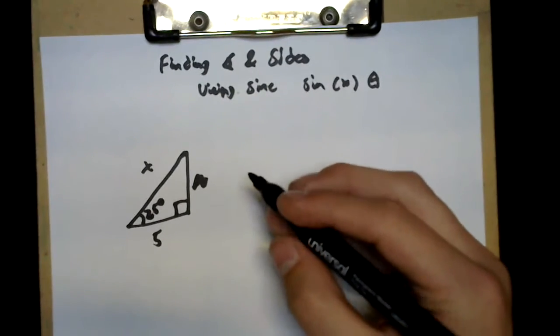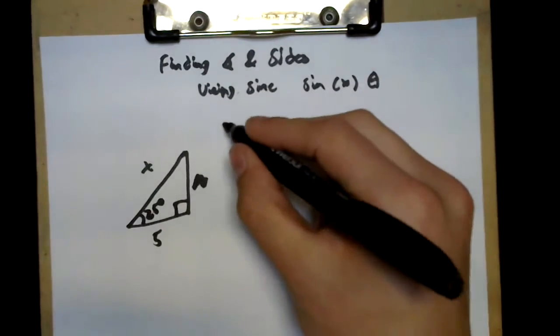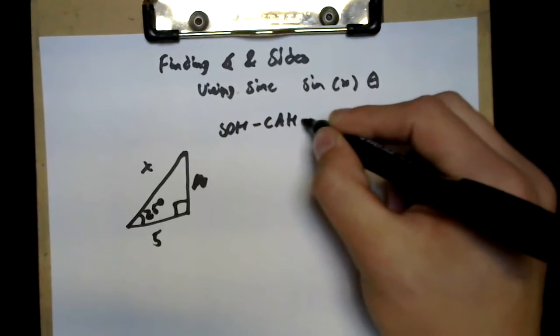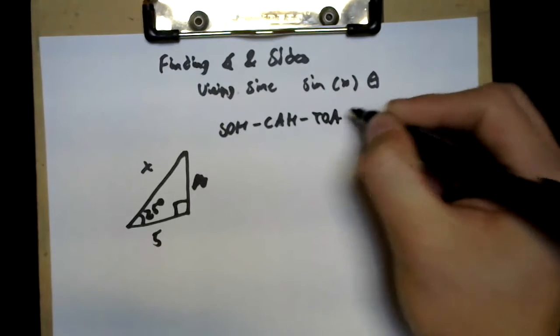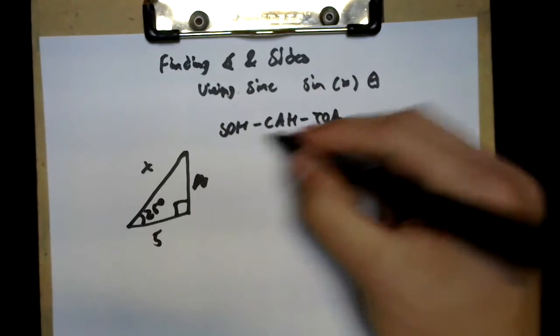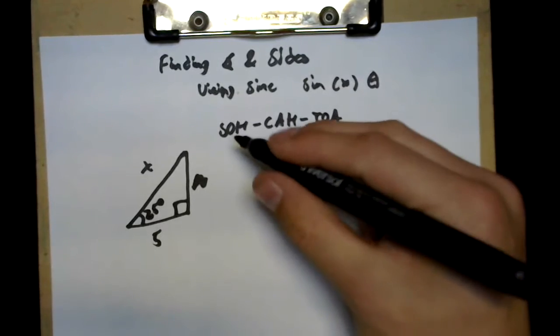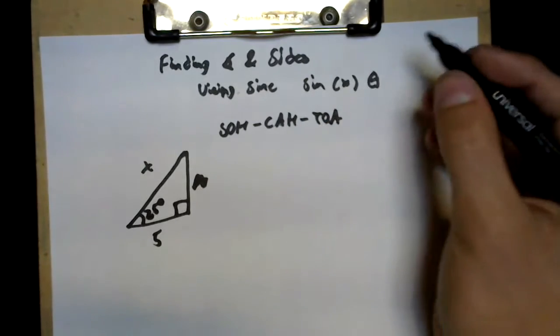So, as you remember from the acronym SOH CAH TOA, it is a good way to remember what sides of the triangle you're dealing with when you're using either sine, cosine, or tangent.